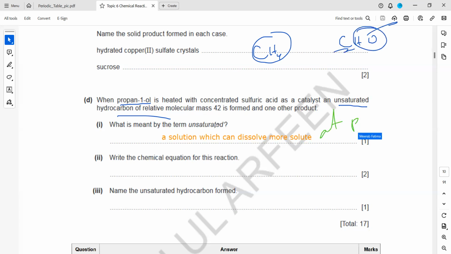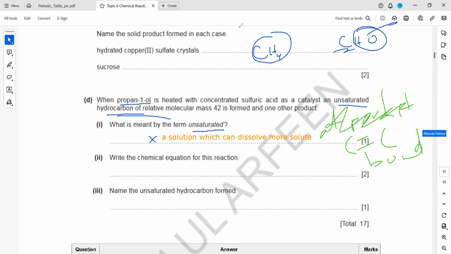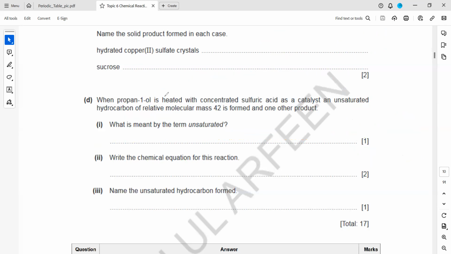What is meant by the term unsaturated? This is not correct here. Why is it not correct? Because the question is related to organic compounds, an unsaturated hydrocarbon. So unsaturated hydrocarbon means it contains a carbon-carbon double bond. So the question is that propanol forms an alkene.